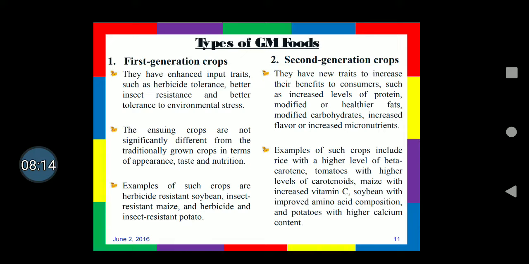The first generation crops have input traits such as herbicide tolerance, pesticide tolerance, and insect tolerance to environmental stress. These crops are not significantly different from the traditional crops in their appearance, taste, and nutrition.